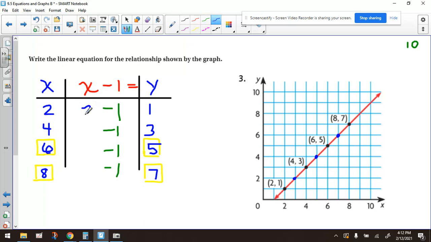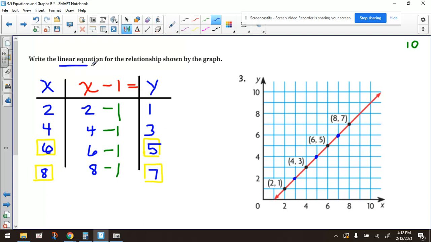So that's a 2. Here we have a 4, a 6, and an 8. All right, and then is 2 minus 1, 1? Yep. Is 4 minus 1, 3? Sure is. Is 6 minus 1, 5? Yep. And is 8 minus 1, 7? Yes, it is. So we found the function.